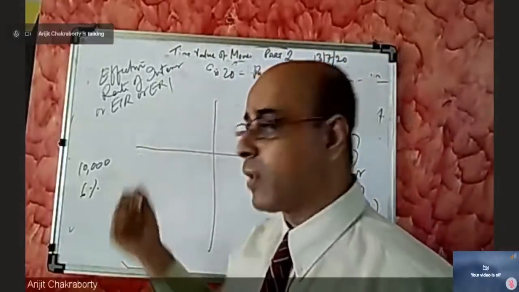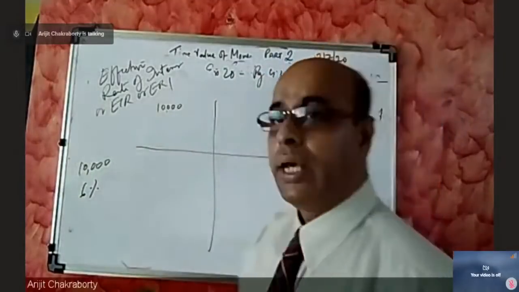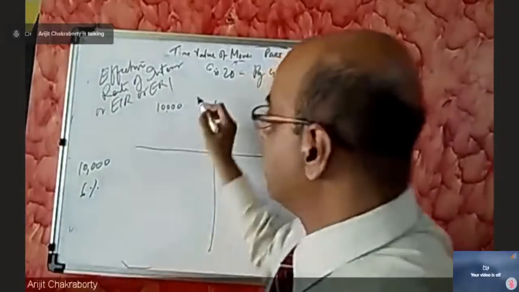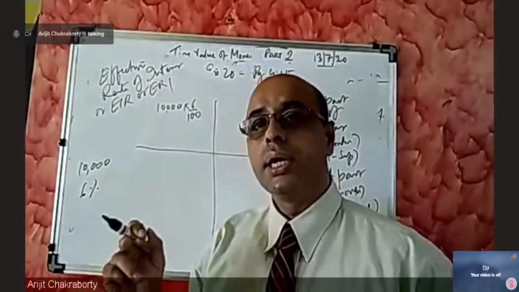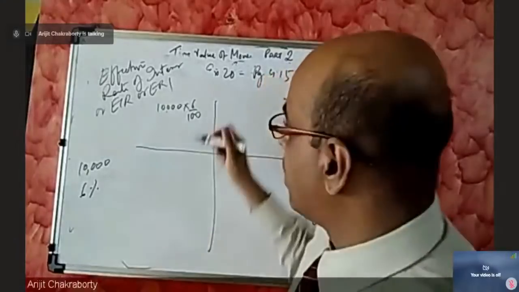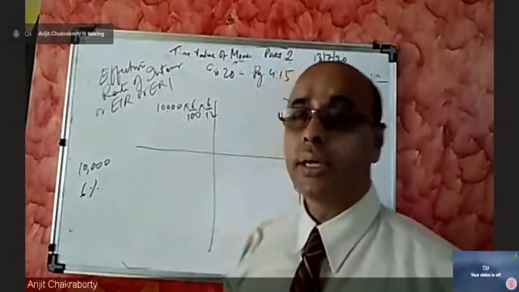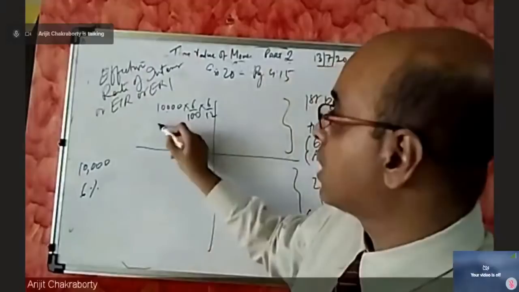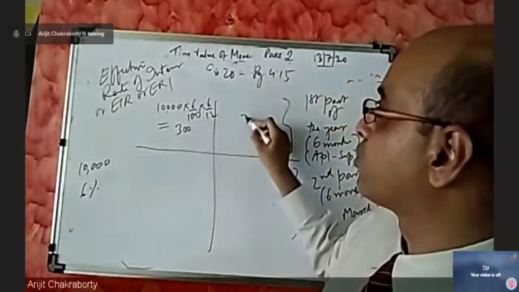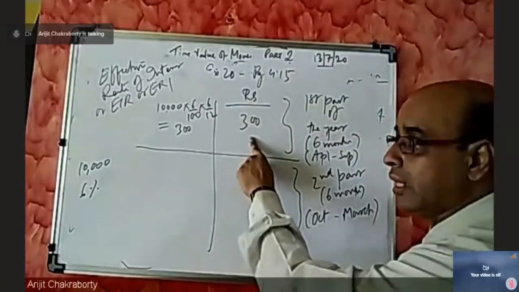So 10,000, into 6 by 100. And for the first half year, I can write 6 by 12 because there are 12 months in a year and we are considering the first 6 months. Now this works out to 300 rupees. So I write 300 rupees. This is my interest, 300.